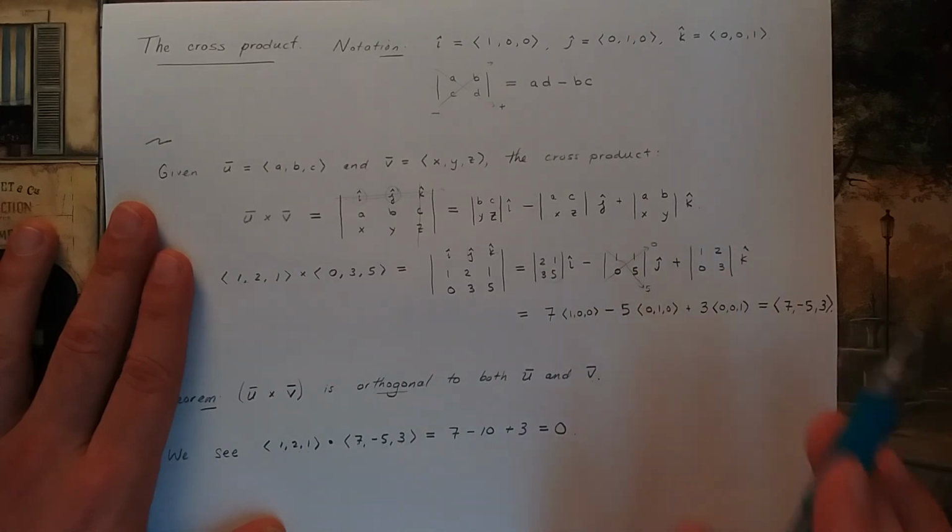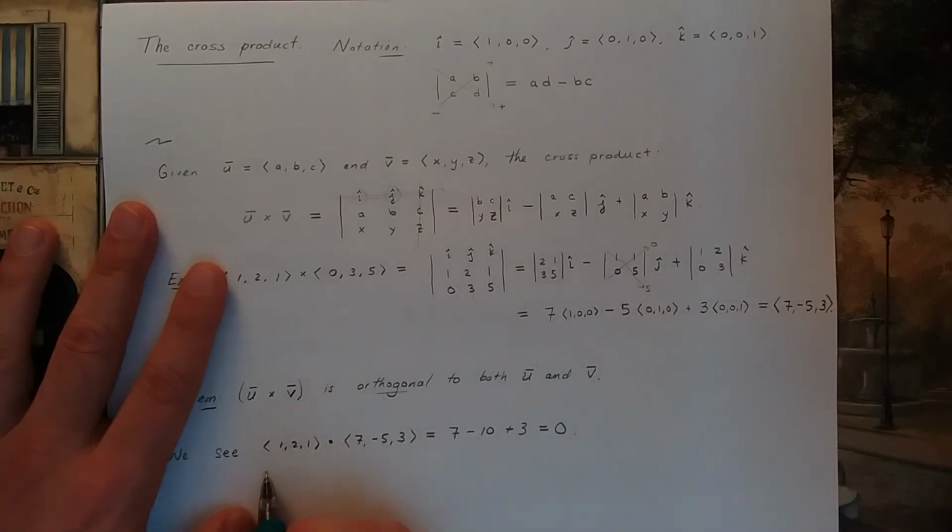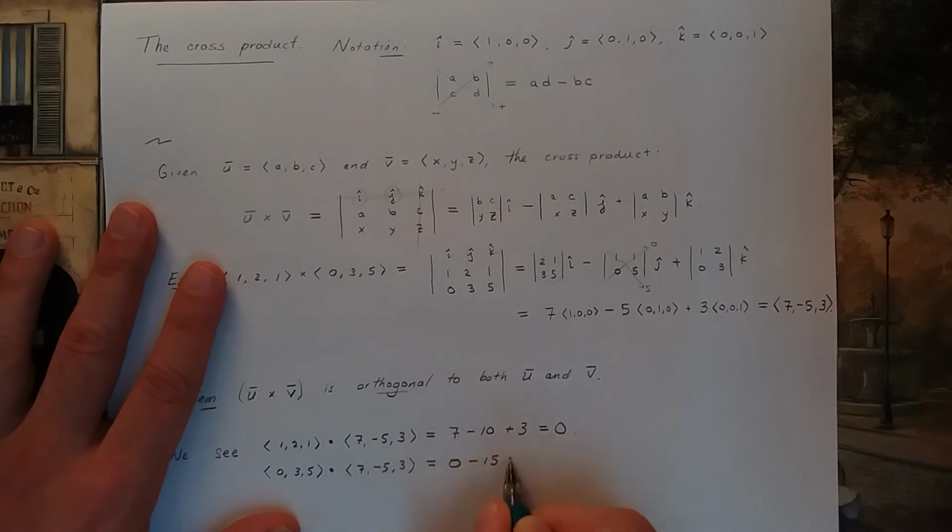They're at 90-degree angles from one another. Let's do the second vector, 0, 3, 5. I'll take the dot product of that with 7, negative 5, 3. And I get 0 minus 15 plus 15. Again, getting 0.